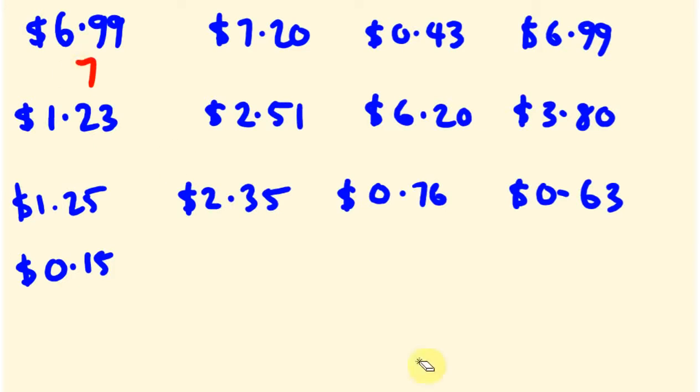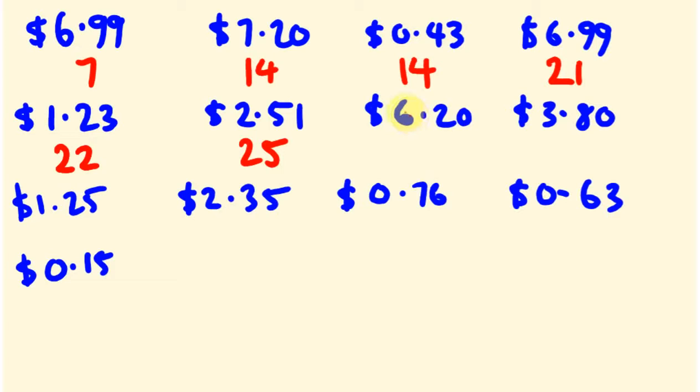So we're going to start off with $7, and then add another $7, so we have a running total of $14. This is closer to 0, so we keep it as $14. This is closer to 7, so we go up to $21. This one here is closer to $1, so $22. This one's closer to $3, so $25. This one's closer to $6, $31.